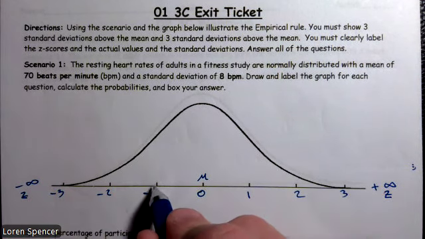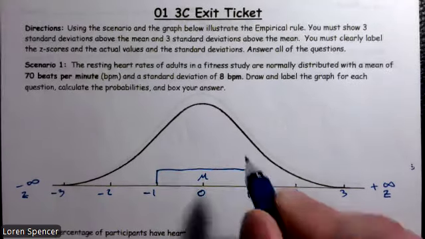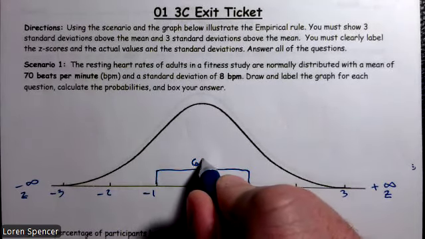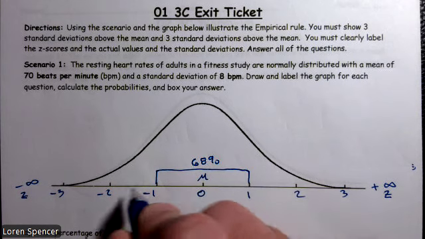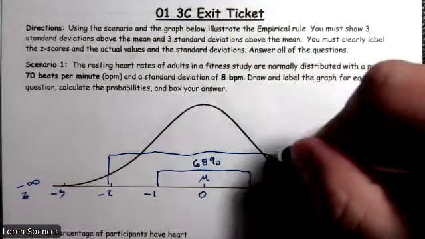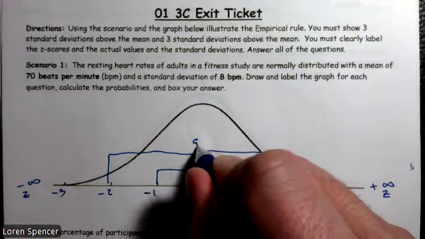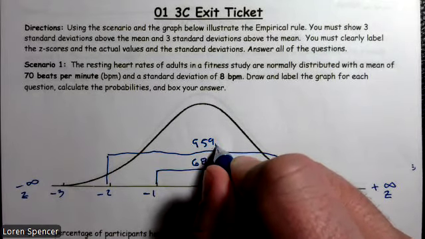Well, we're supposed to be illustrating the empirical rule, so plus or minus 1 standard deviation. By now, we should know pretty confidently that that's 68%. Plus or minus 2 standard deviations. And by the way, the empirical rule only applies to the normal. Plus or minus 2 is 95%.